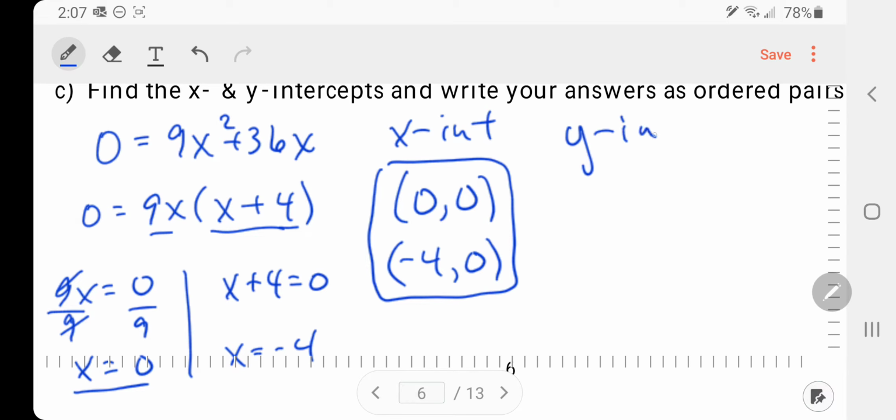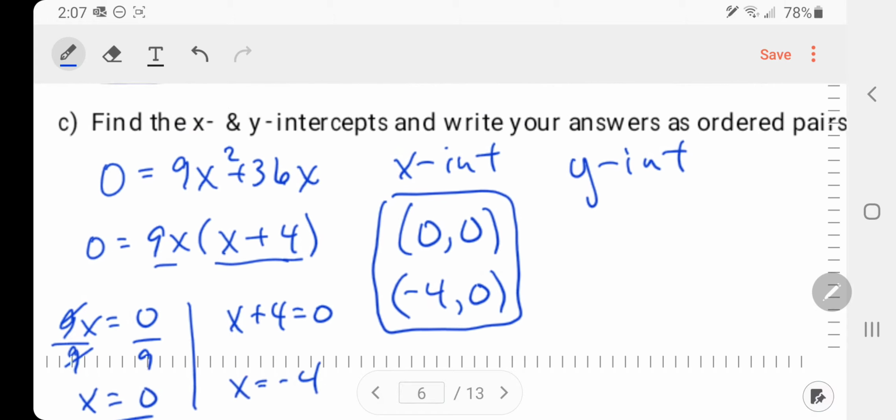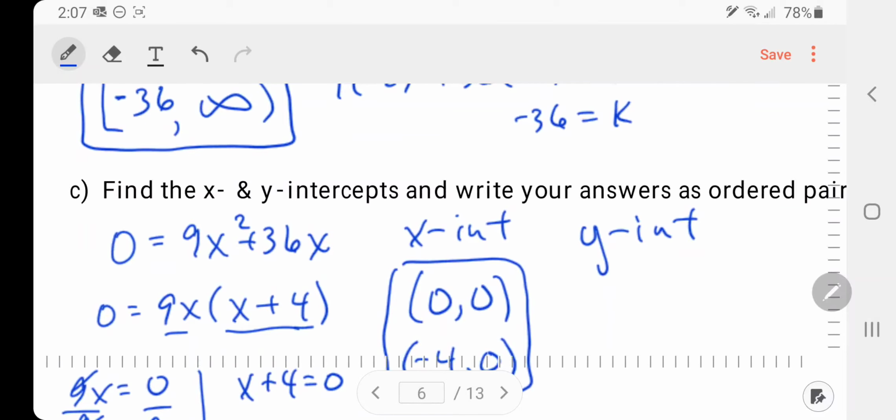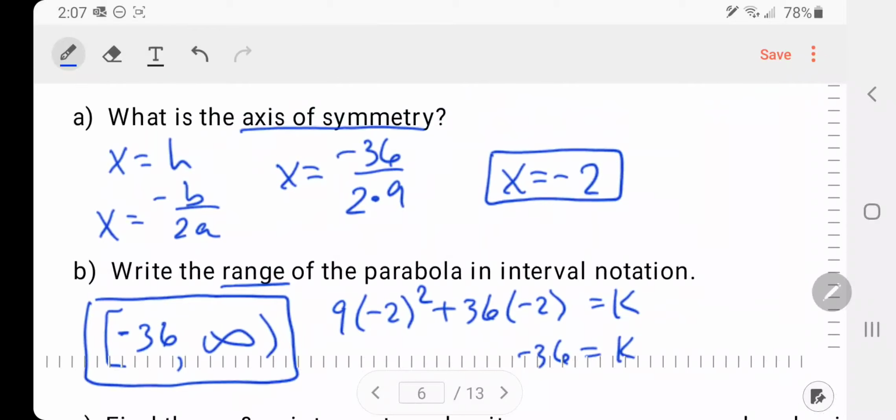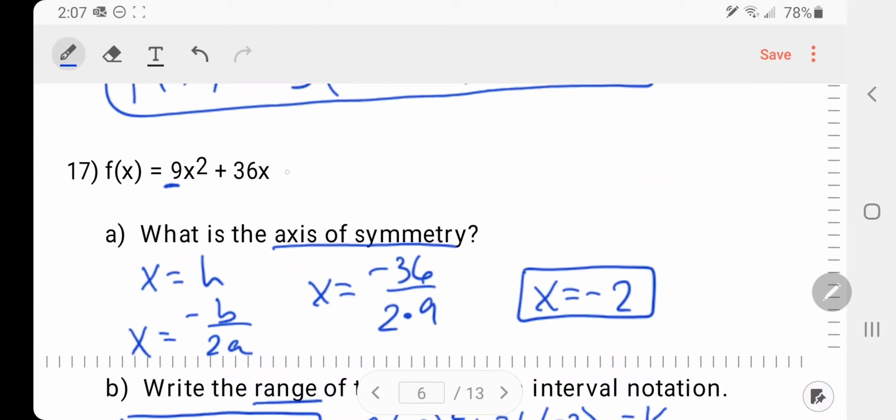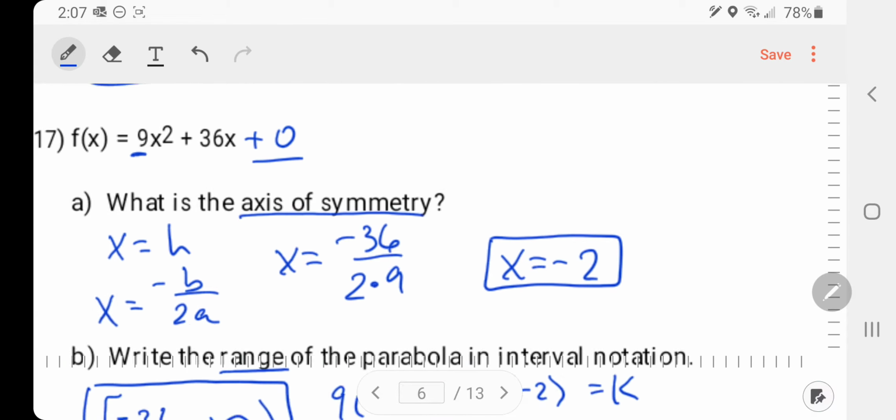The y-intercept always occurs at the constant of the function. And did you notice that there was no constant? There was no number without a variable.